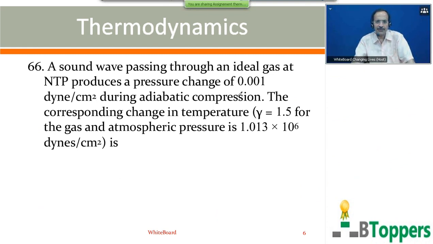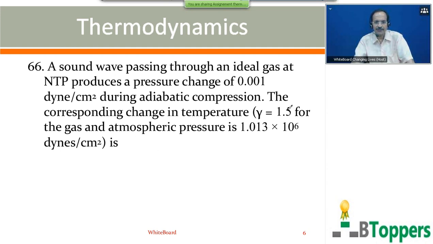A sound wave passing through an ideal gas at NTP produces a pressure change of 0.001 dyne per square centimeter during adiabatic compression. The corresponding change in temperature, within brackets gamma equal to 1.5 for the gas, atmospheric pressure 1.013 into 10 power 6 dyne per square centimeter, is.